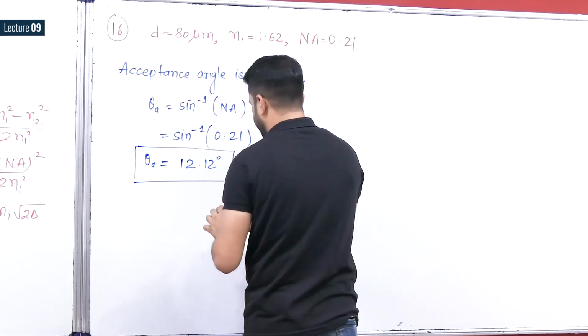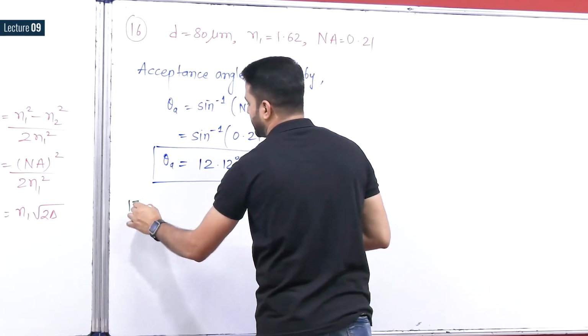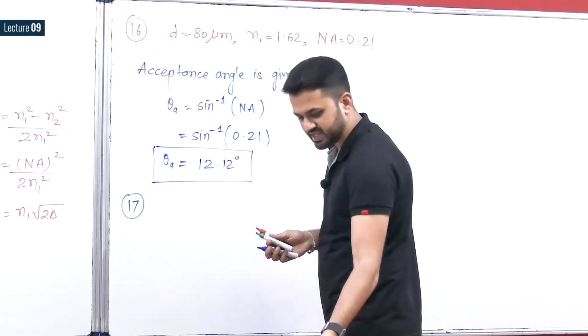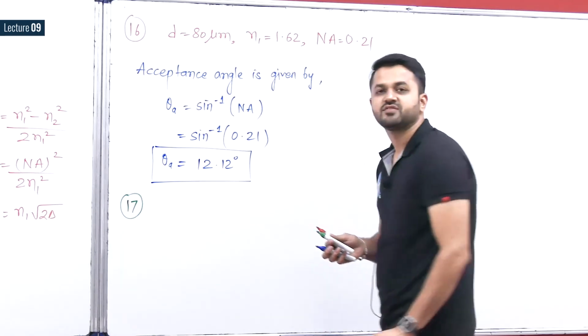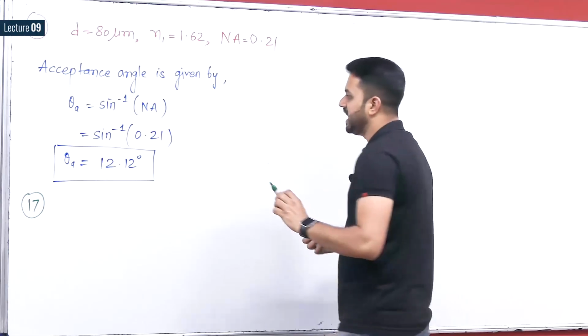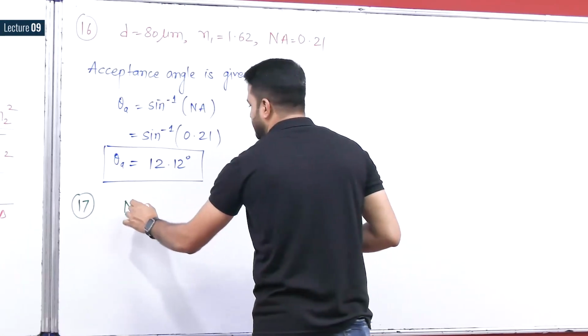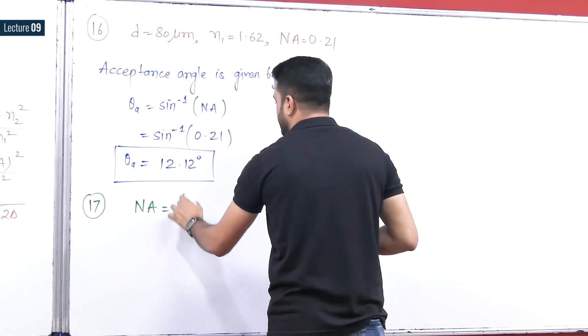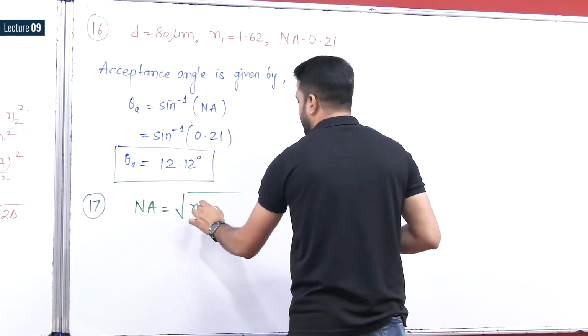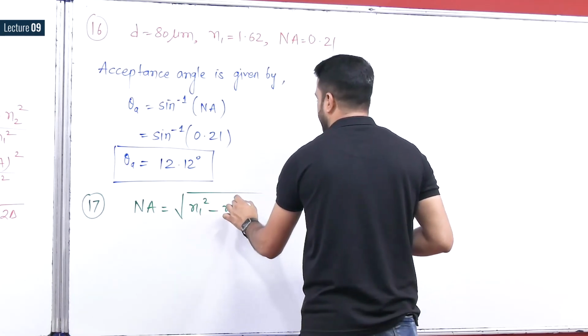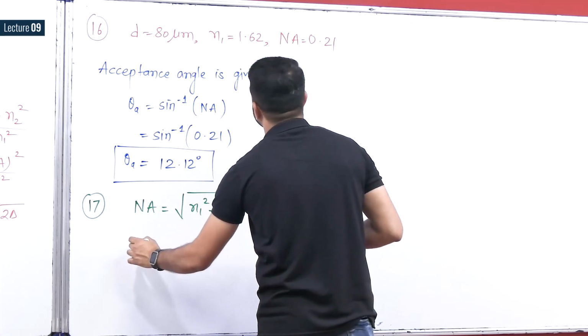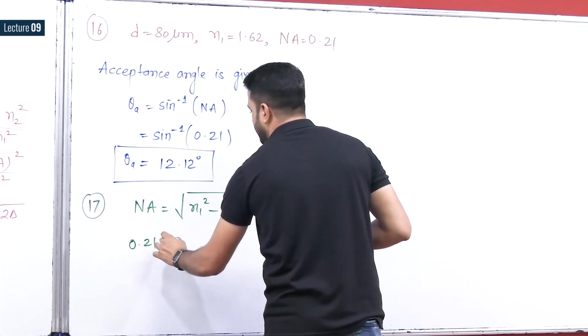Now we have to solve the second question, which is question number 17, and what is that? The cladding refractive index, that is n2. We also know that the numerical aperture is given by root over n1 square minus n2 square, and the numerical aperture is 0.21.